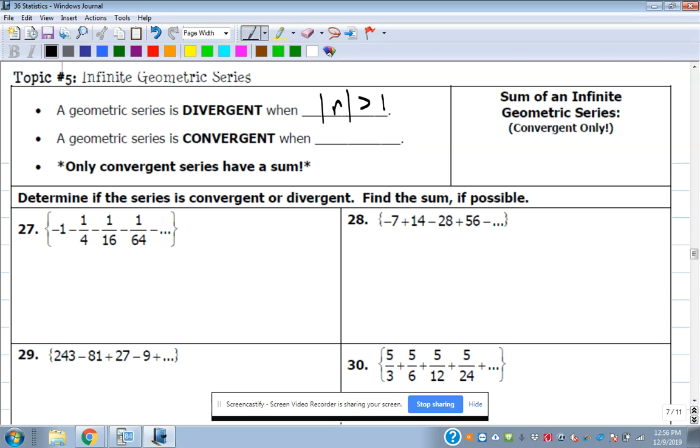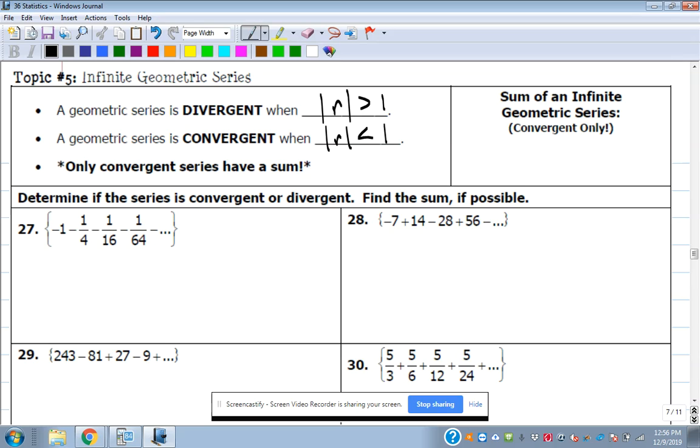A convergent series, it's less than 1 because we're multiplying by a smaller number each time. Each term gets smaller and it starts approaching a certain number. So let's look at a couple of these examples and decide if they're convergent or divergent. And then find the sum if possible.